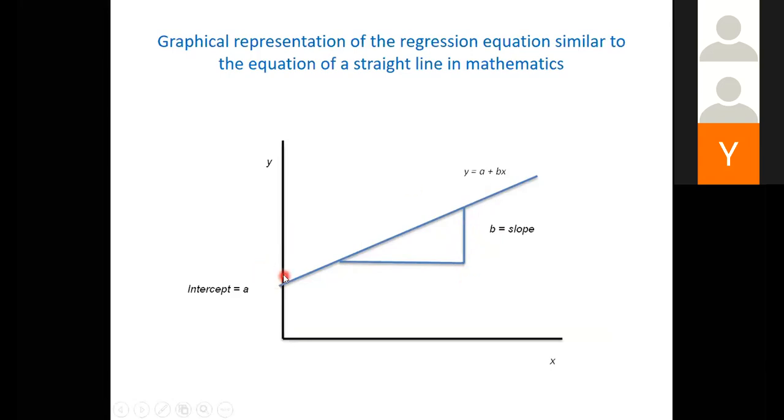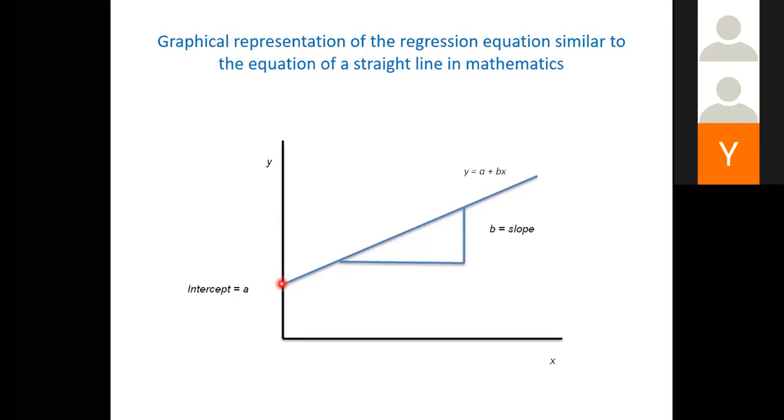The a is the constant, the value of y when x is equal to 0, because when the graph crosses the y-axis, if you trace it back, the value of x will be 0. That is when the independent variable is not there at all, y still has a value.